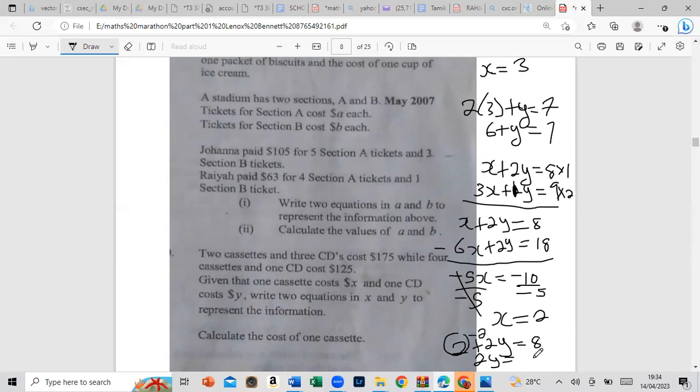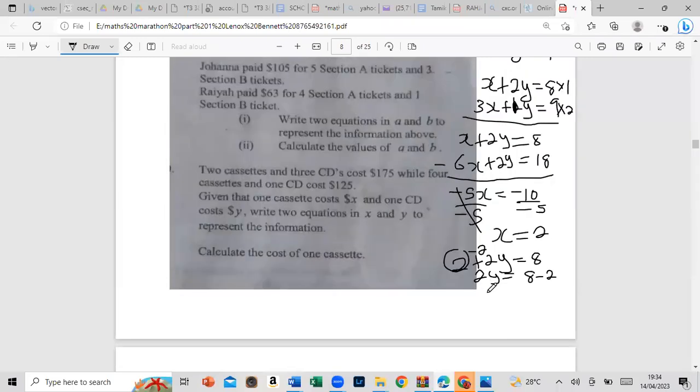So it will be 8 minus 2, that is 6. So 2y equals 6, we divide by 2. So y is equal to 3.